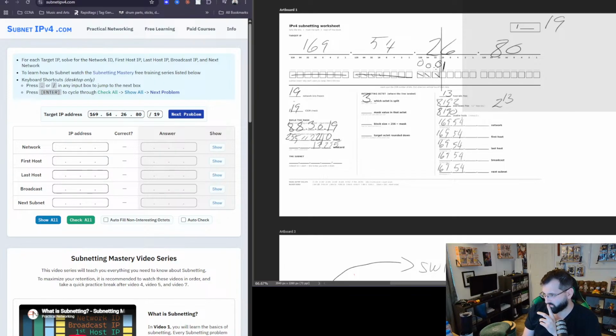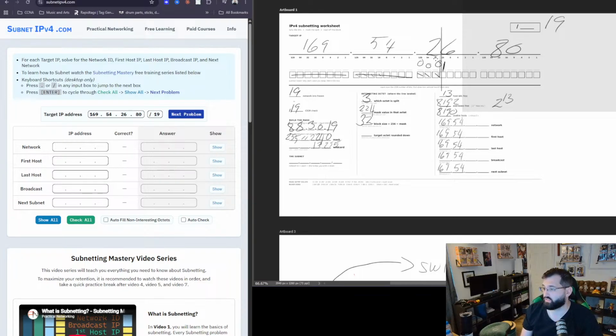No. So the way I was doing it, not counting the video that we just watched, is that the mask value in the octet should be 224. So then if you do 256 minus 224, you get 32.